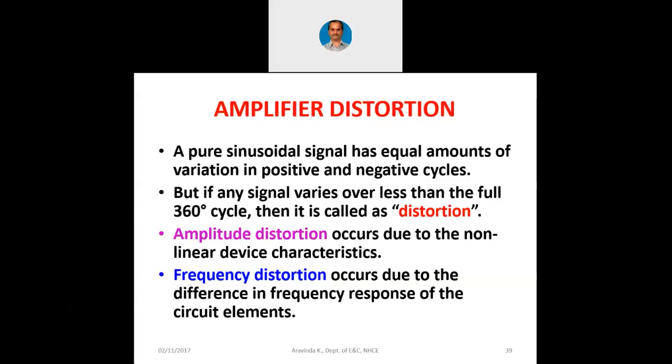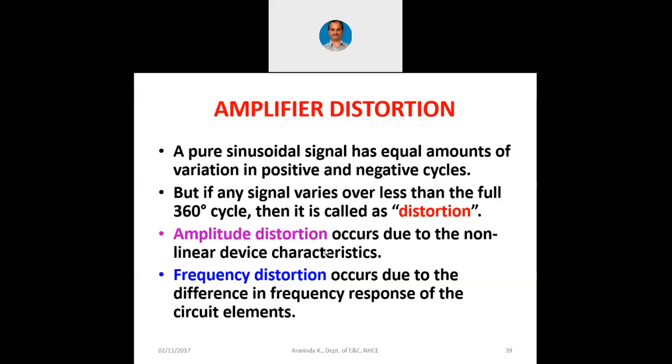But in the case of these power amplifiers, we have seen in class B and class AB, the Q point is nearer to cutoff region. So distortion is bound to occur in one way or the other because of the non-ideal behavior of the devices.